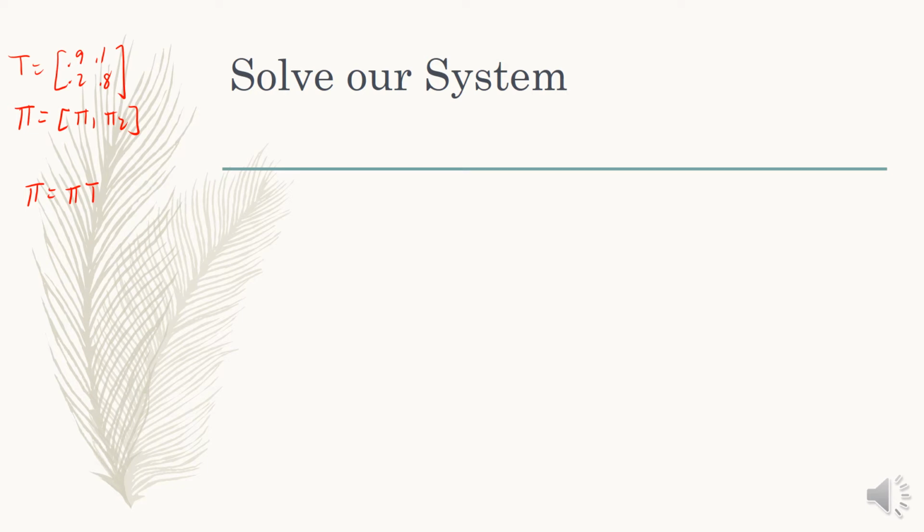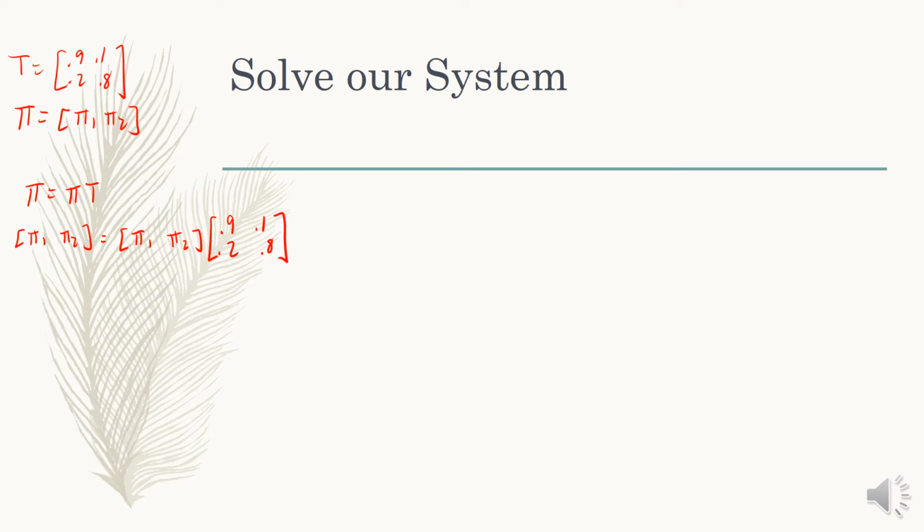Let's go ahead and substitute all of those in. So pi 1, pi 2 equals pi 1, pi 2 times that transition matrix: 0.9, 0.1, 0.2, 0.8.